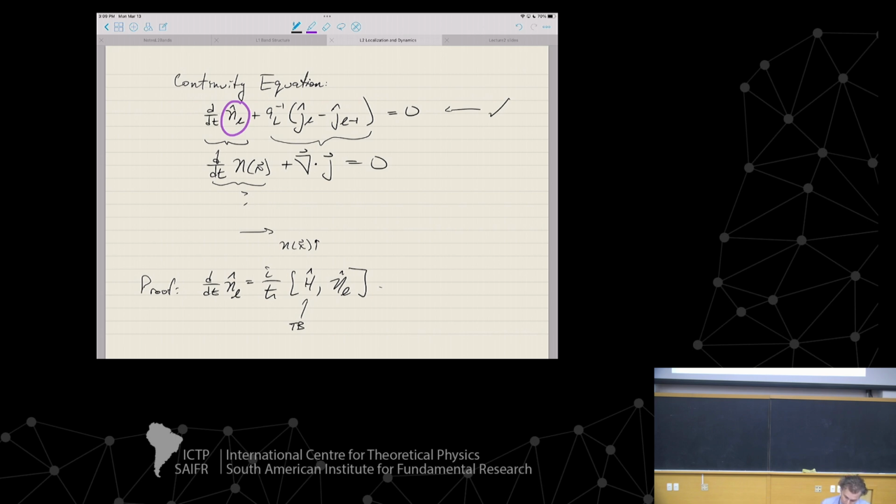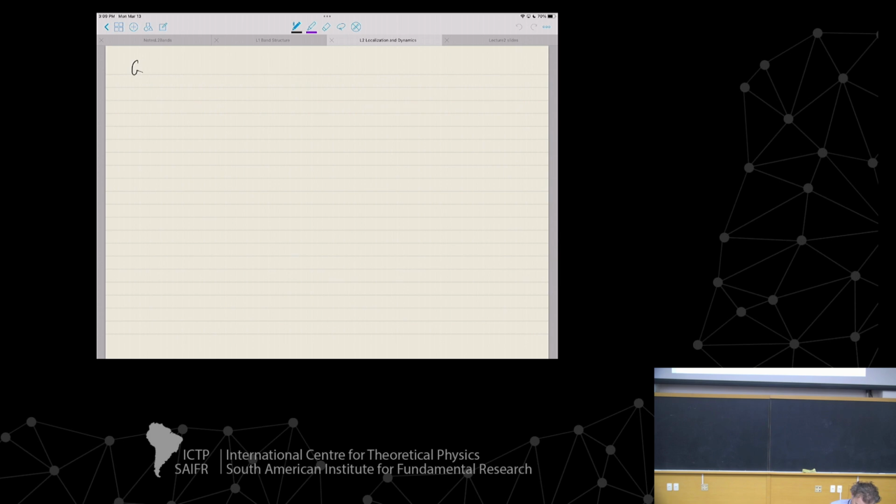All right, so let me now talk about something called group velocity. A group velocity is a property of a wave packet. And so what I mean by that is let's consider the motion of a wave packet constructed as the sum over a whole bunch of Qs, which are Bloch states.